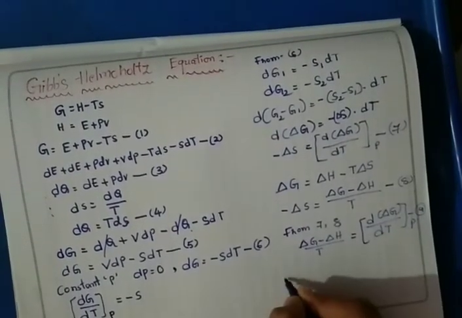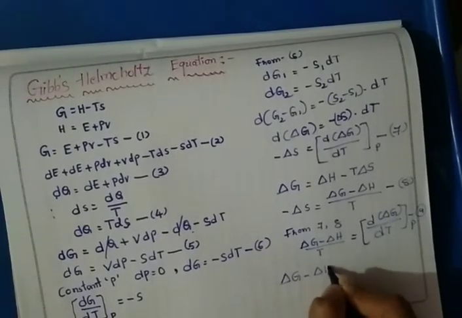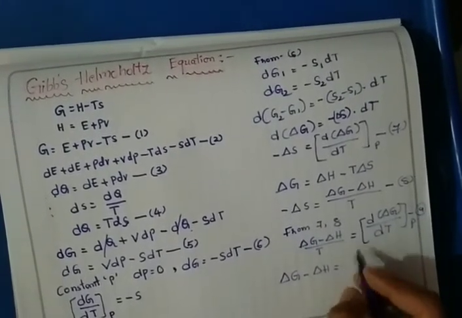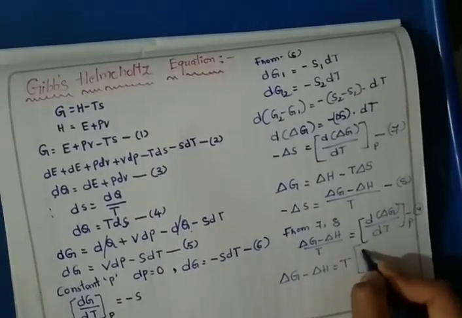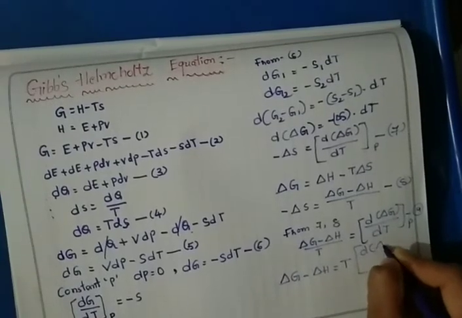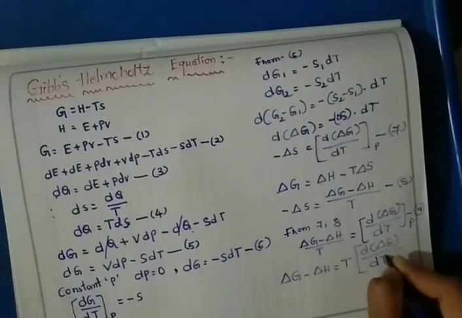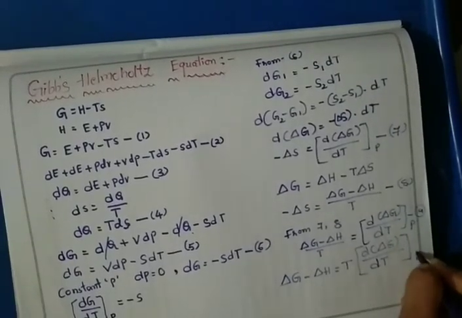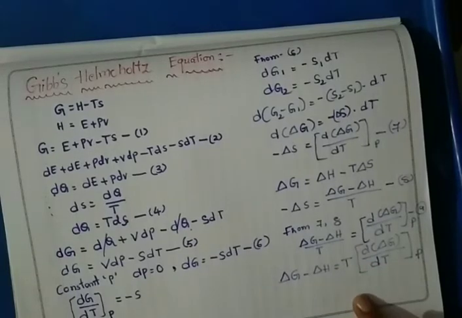So the last one: delta G minus delta H is equal to T into d delta G by dT, at constant P. So this is the Gibbs-Helmholtz equation.